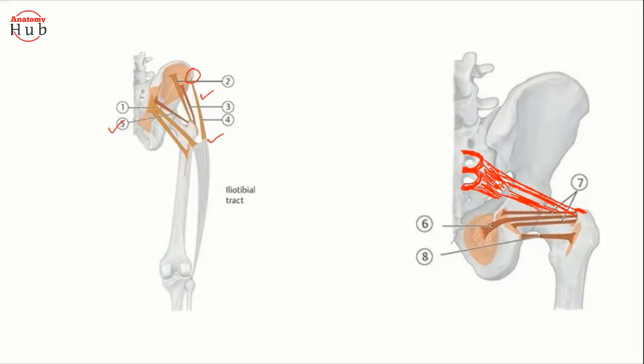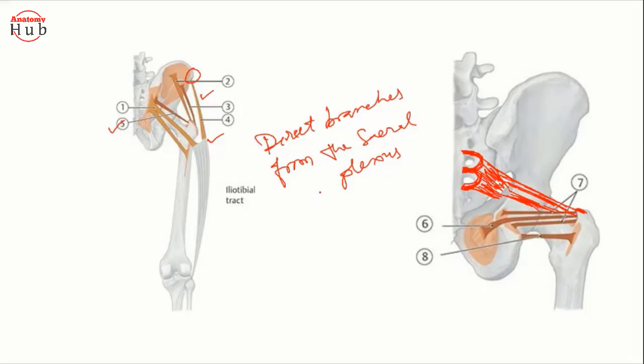That's why it is the piriformis muscle, and it is mainly innervated by the direct branches from the sacral plexus. Okay, so what will be the root value? S1 and S2, right? S1 and S2.